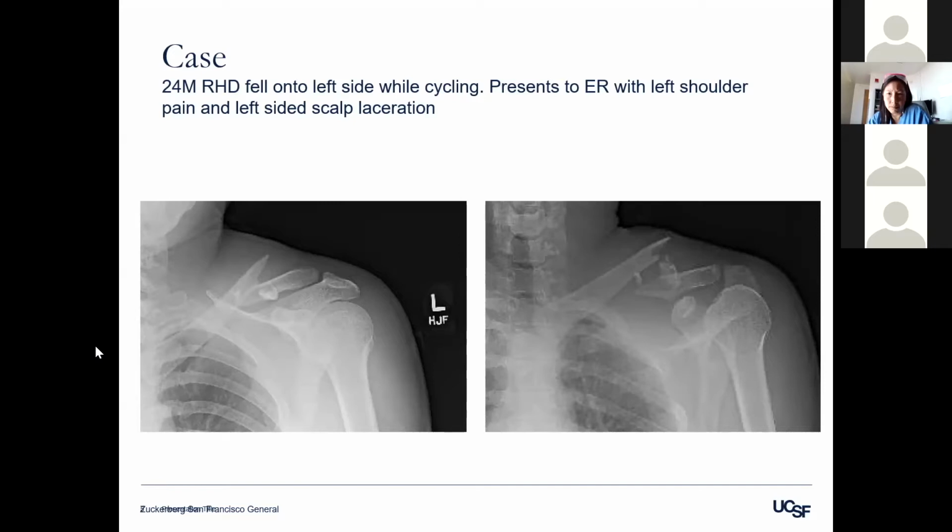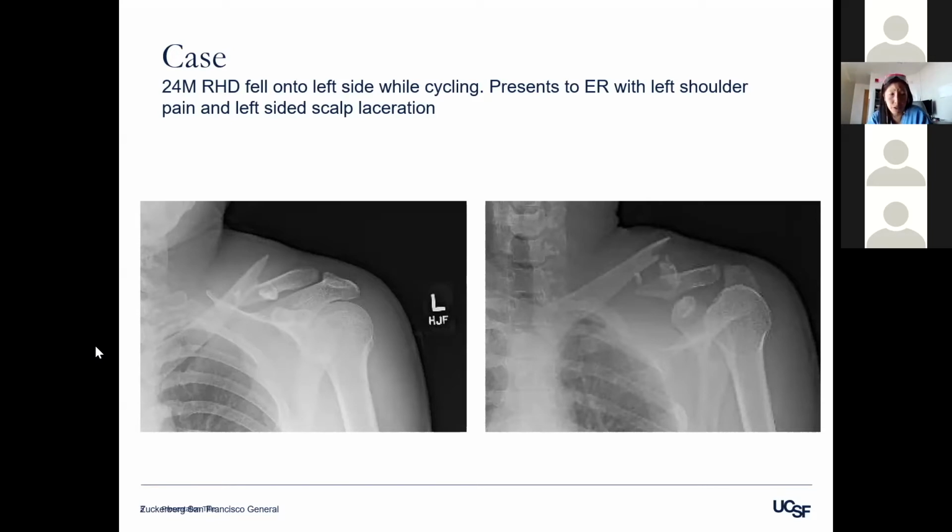Other things I'm looking for are the amount of displacement, and it looks like it's over 100% displaced.